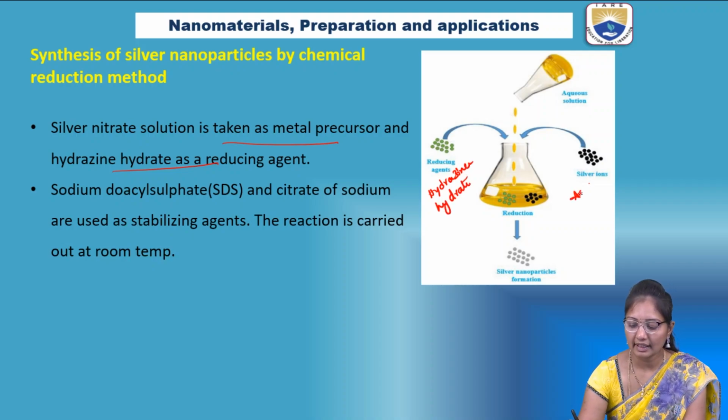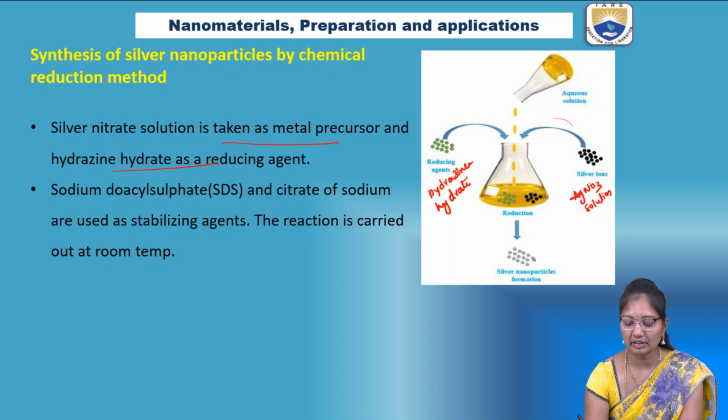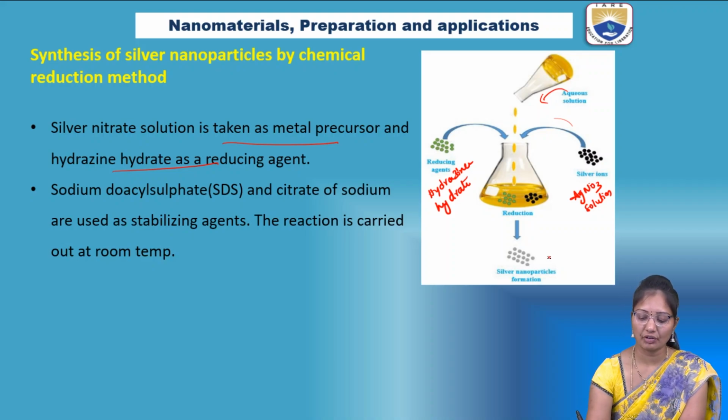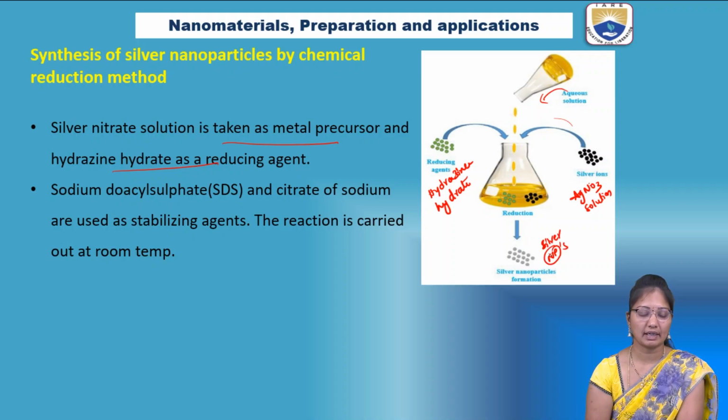This is AgNO3 solution, which means it contains silver ions. These two are added, then they are going to react. Then the capping agent is added, which acts as the stabilizer and capping agent. Then it results in the formation of silver nanoparticles, silver NPs.